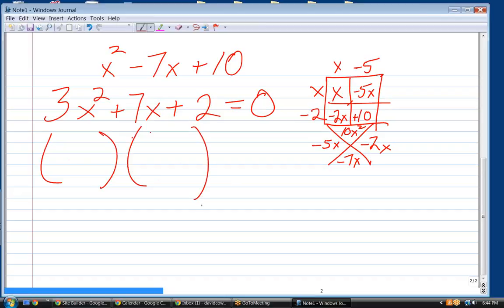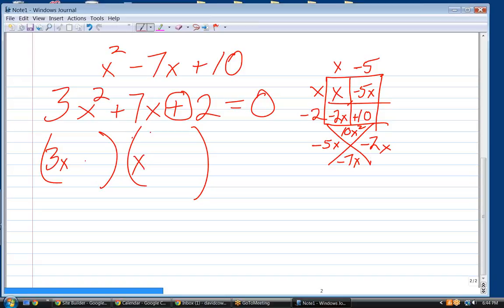Okay. So what goes here and here? 3x and then x. Next step? Then don't you look at the sign in front of 7x? No, you look at the sign in front of the number, always the constant. Okay. So since it's a positive, couldn't they either be 2 negatives or a negative and a positive?